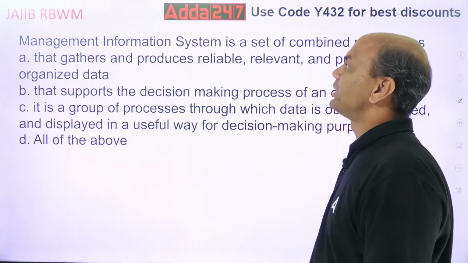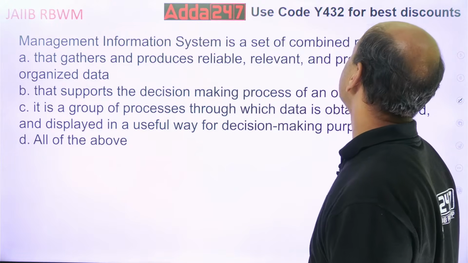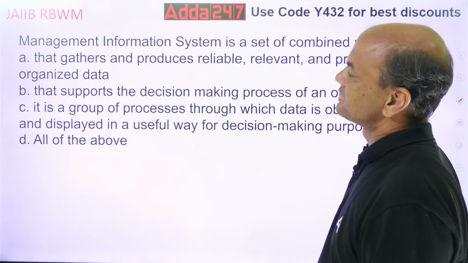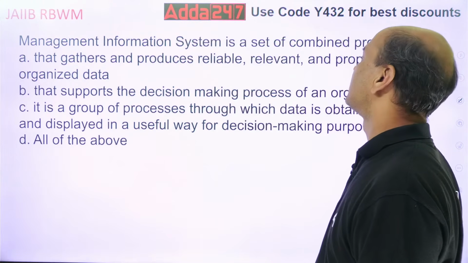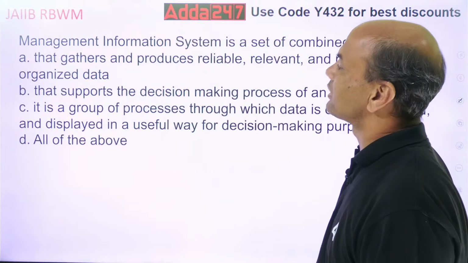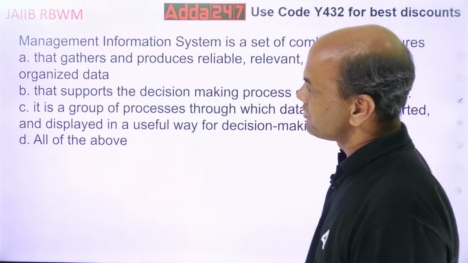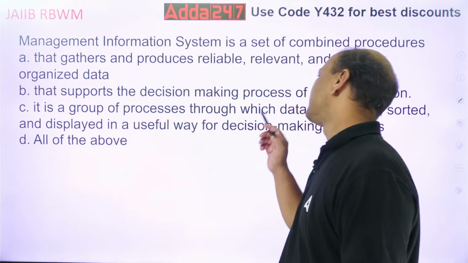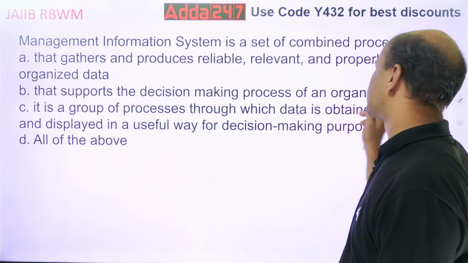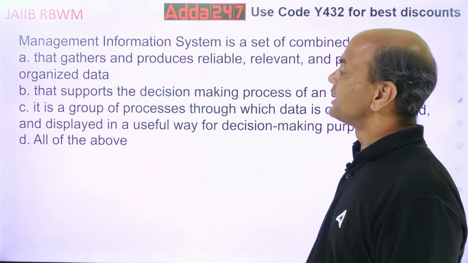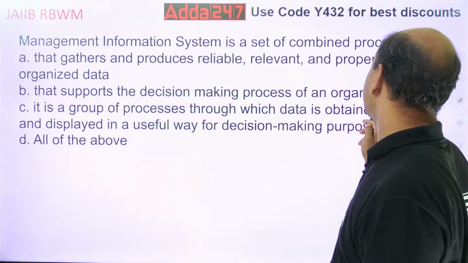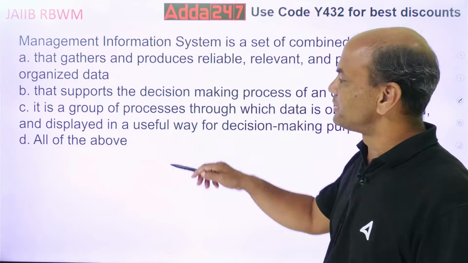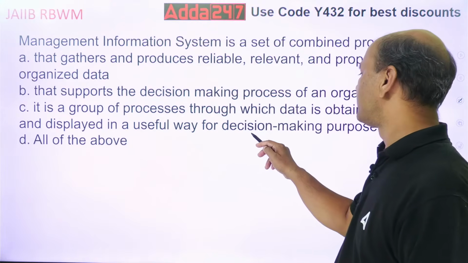Management information system is a set of combined procedures that gathers and produces reliable, relevant and properly organized data that supports the decision-making process of an organization. It is a group of processes through which data is obtained, sorted and displayed in a useful way for decision-making purposes.